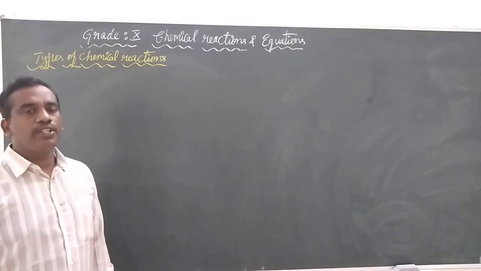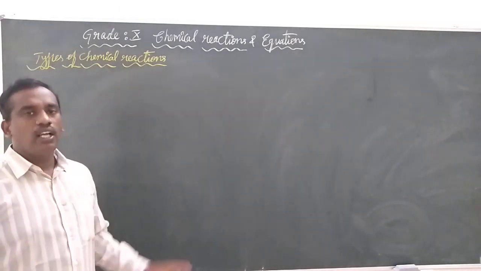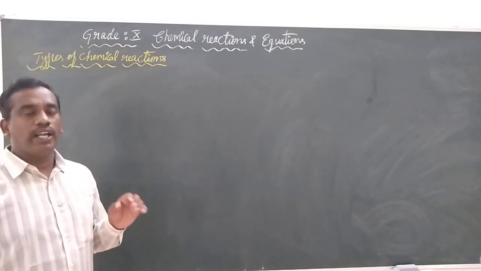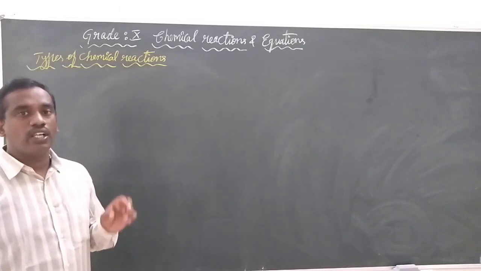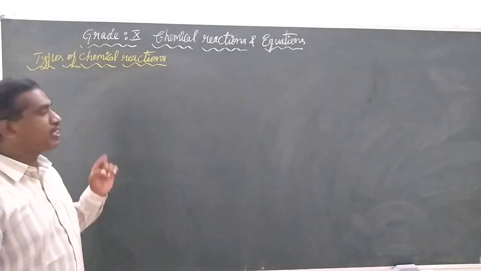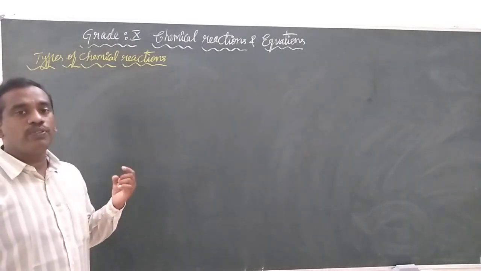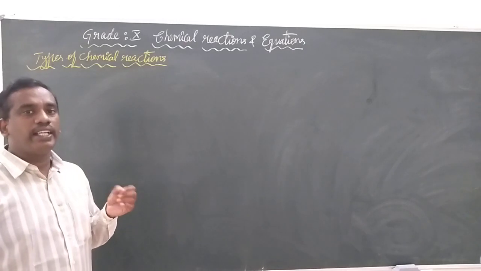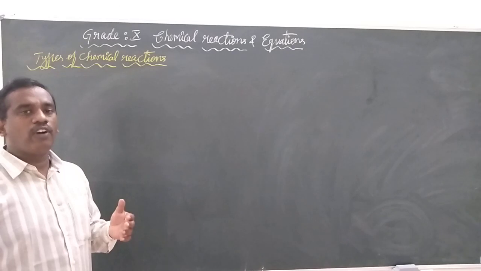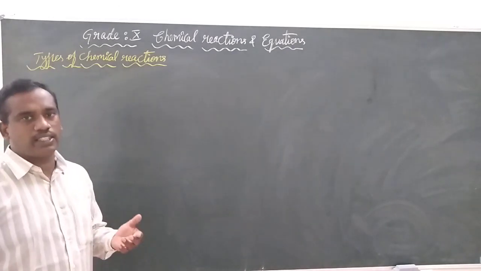In the last video, we had discussed the definition, how to write a chemical equation and how to express the word equation. We also said a chemical equation is the one in which we represent the reacting substances and the formed products in the form of their chemical symbols.